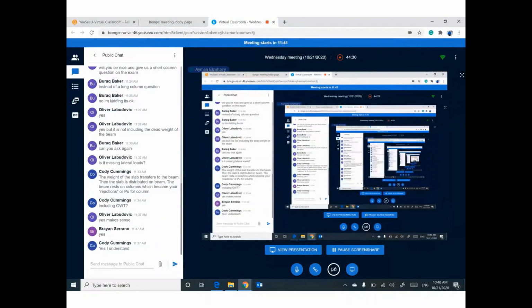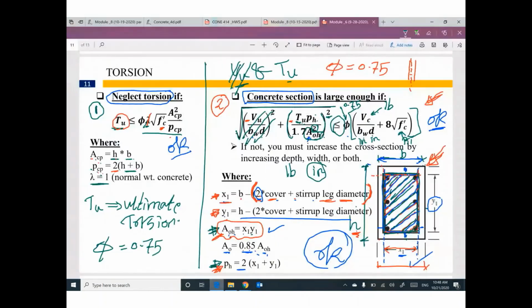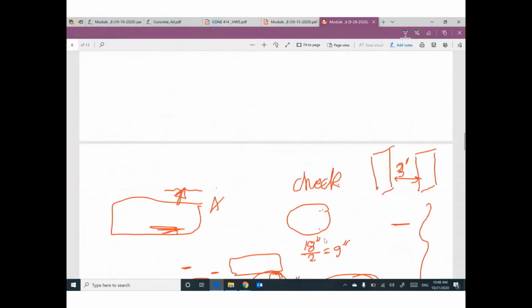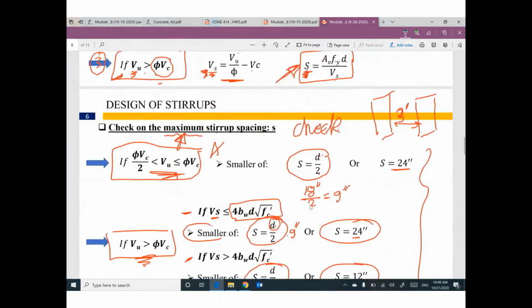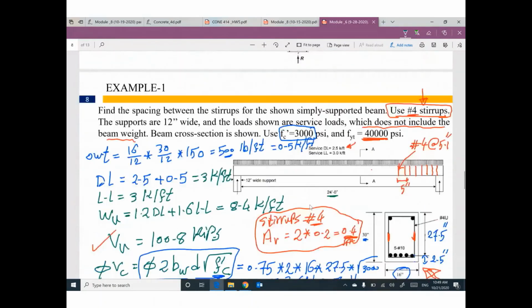Any question? Any question? So guys, you can expect one problem on shear stirrups. Okay, you can expect one more problem on torsion.